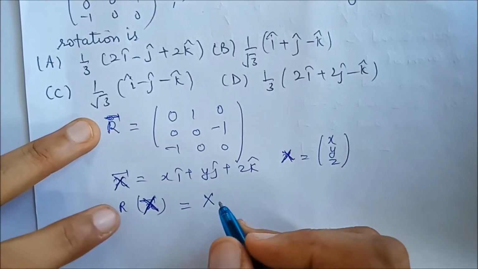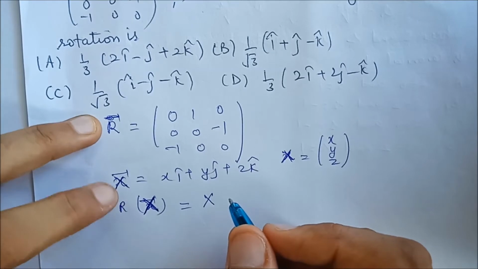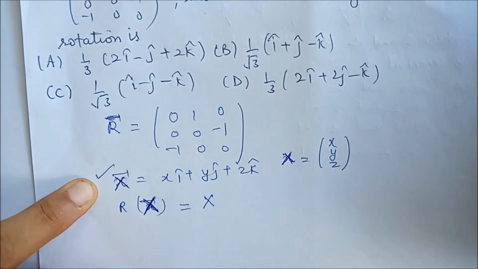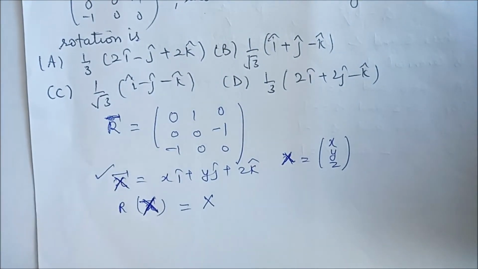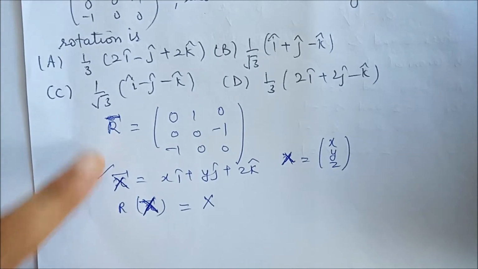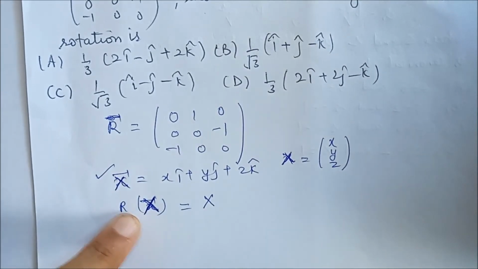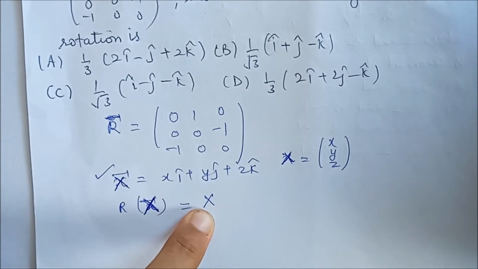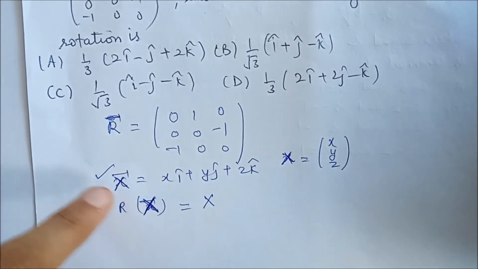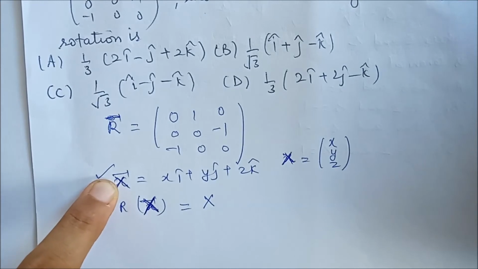So the question is, when R acts on x, it remains equal to x, and we have to find the unit vector of x.